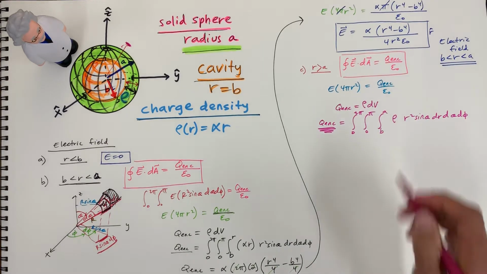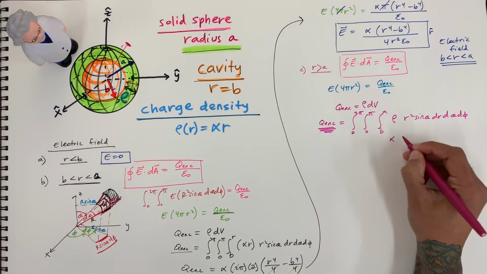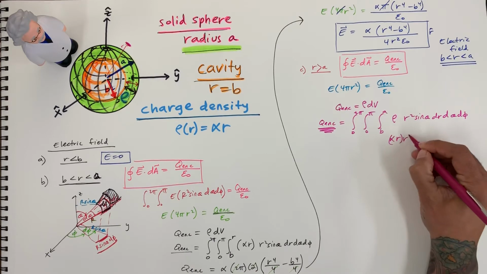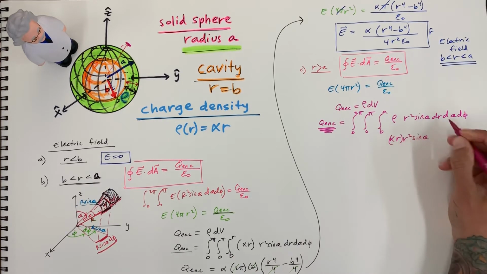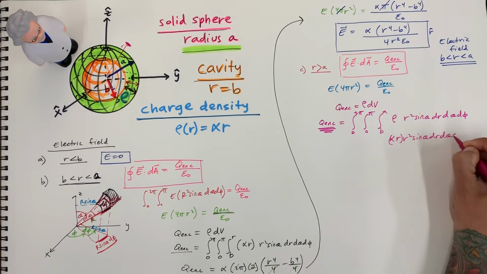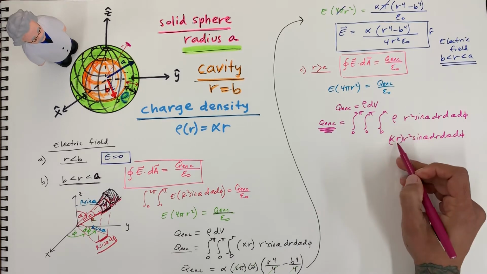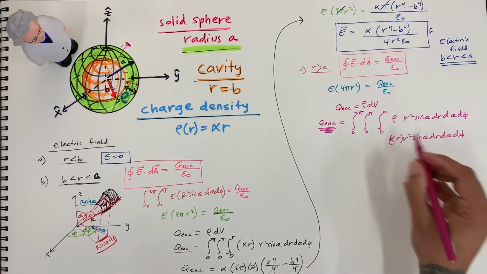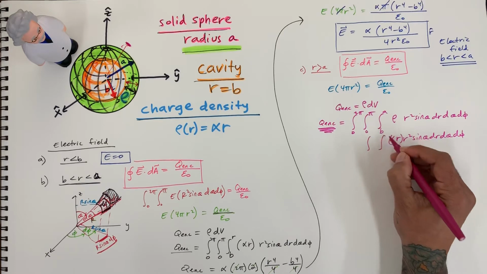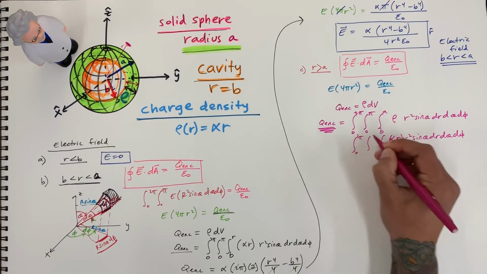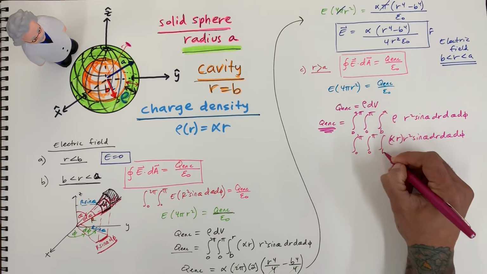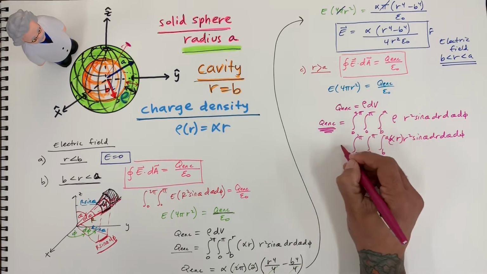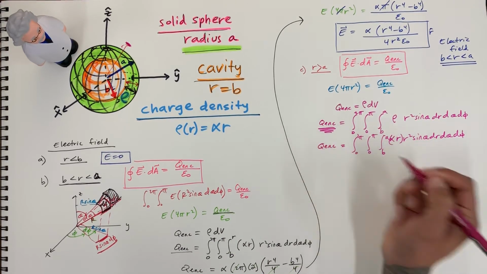Okay, so we know what rho is, so let's put alpha r squared sine theta dr d theta d phi. So I just changed the rho. Okay, so all three integrals, 0 to 2 pi, 0 to pi, and b to a, equals q enclosed.